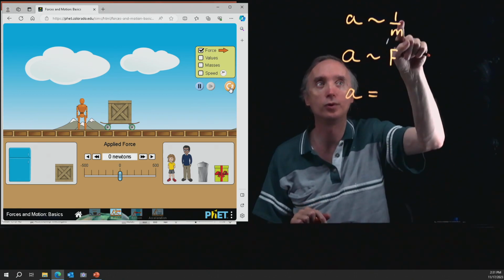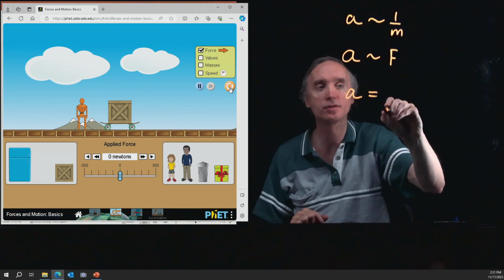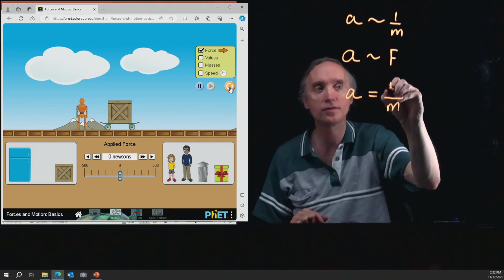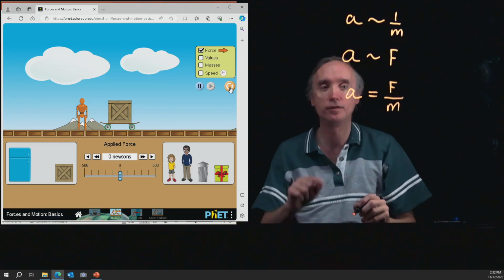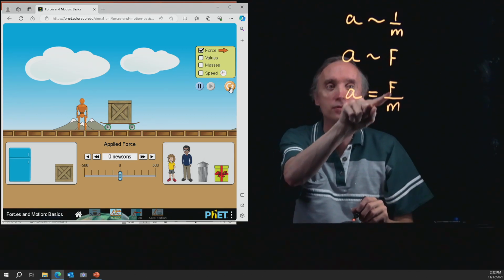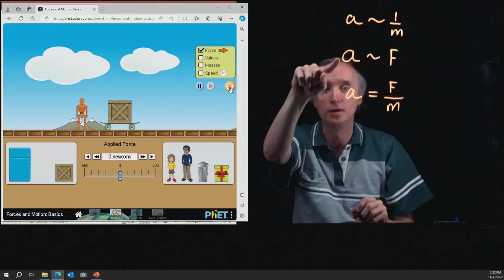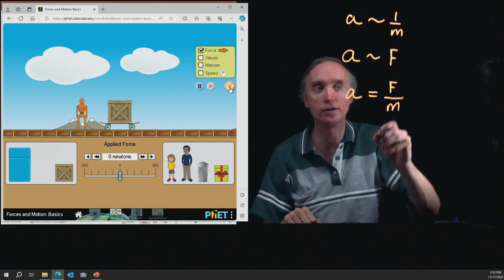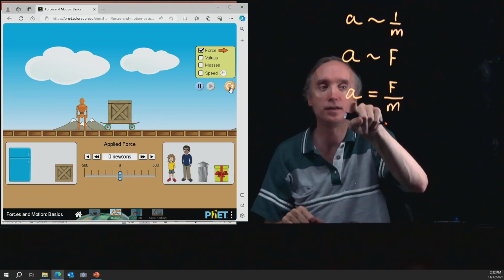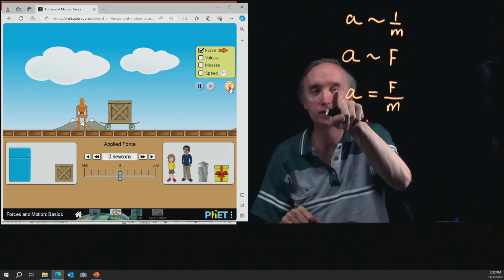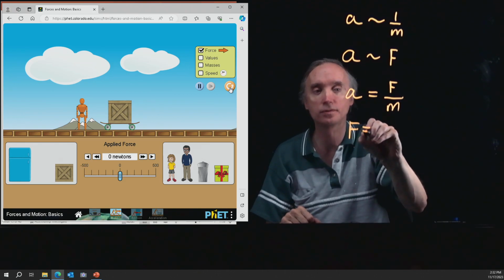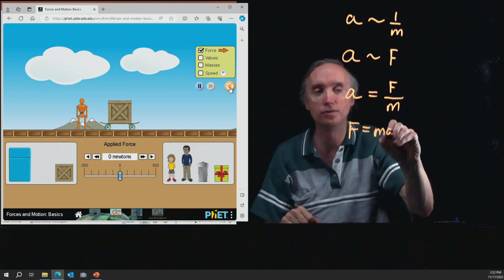If we know the m has to be on the bottom, and the F has to be on the top, you see that both of these two proportions are inside of that one equation. And now if I take the m over to this side, I end up with force is equal to ma.